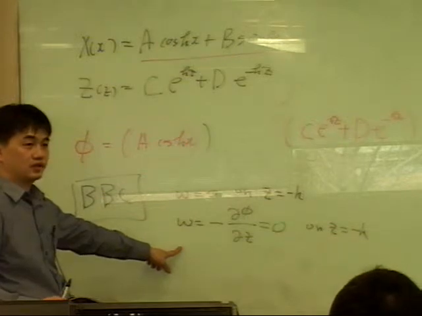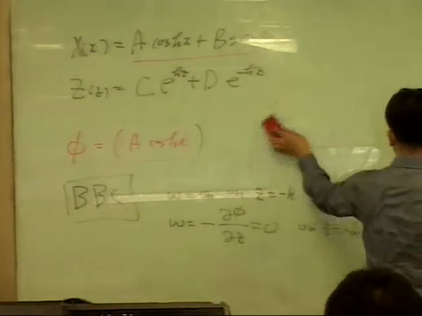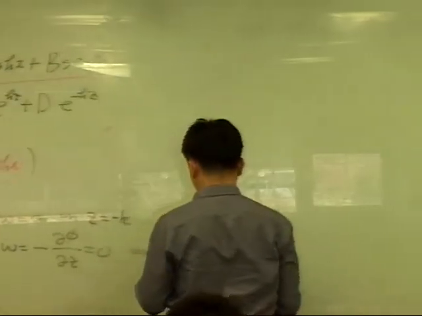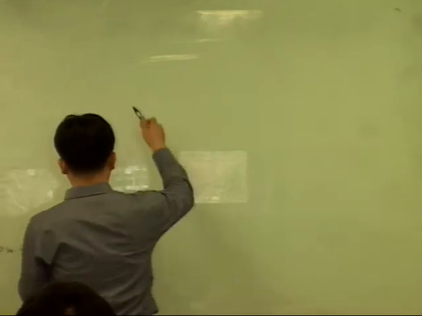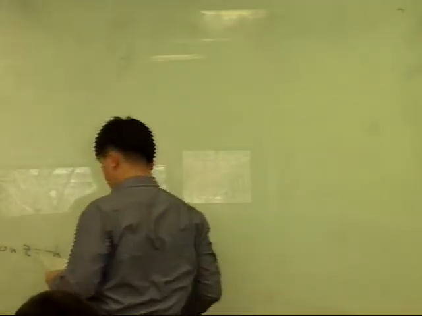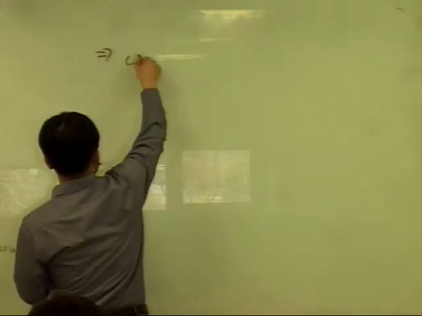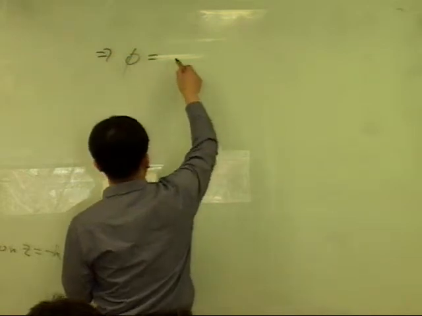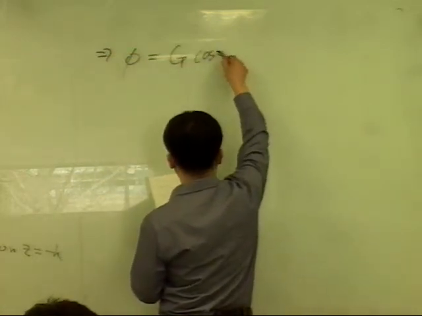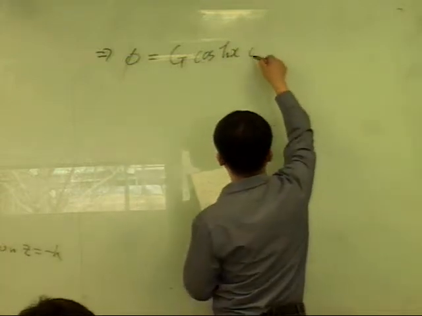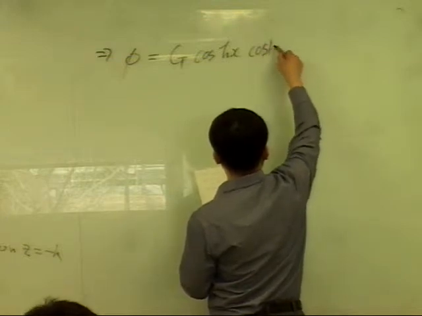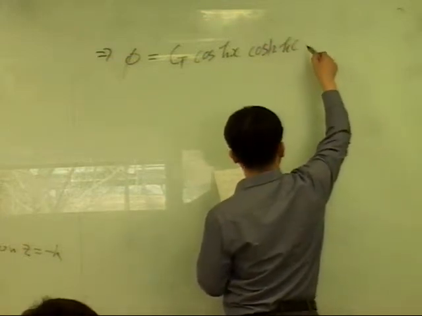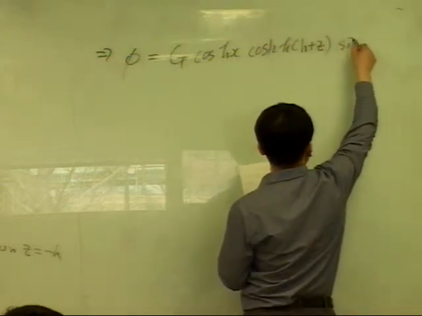And then you can get the potential. Our potential becomes simpler: phi equals G, this is the other constant, cosine kx, hyperbolic cosine k(g plus h), sine sigma t.